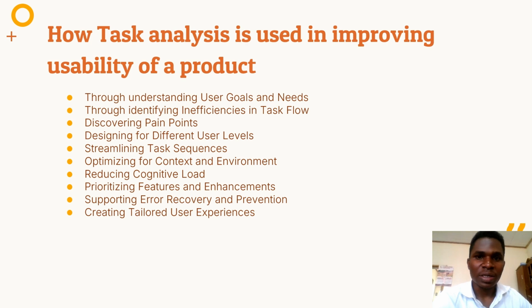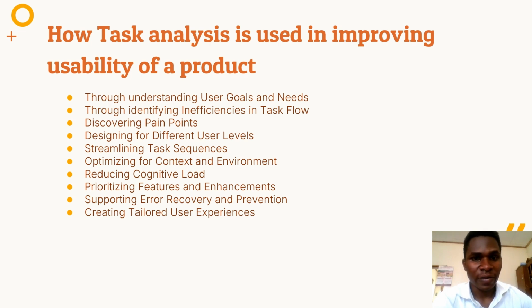Next is how task analysis is used in improving usability of a product. We would use task analysis through understanding the user goals and needs. When user needs and goals are really understood, we would greatly improve the usability of the product.